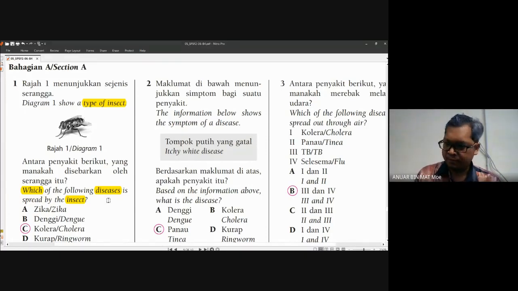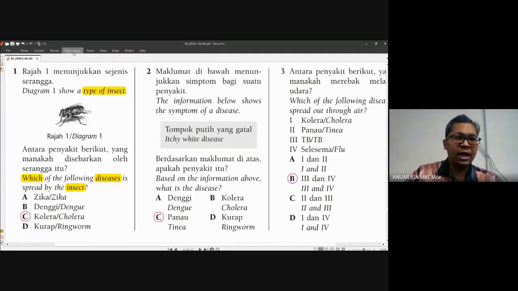We call it a vector. Okay, very good. So you must remember, a vector is an animal or insect that carries the disease or the pathogen. When the pathogen infects us through the vector, we can have the disease.